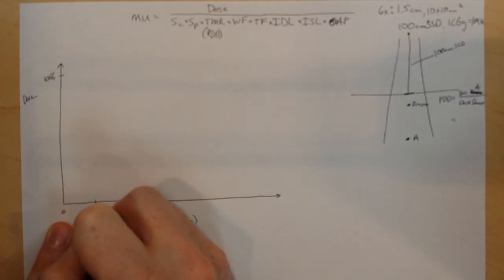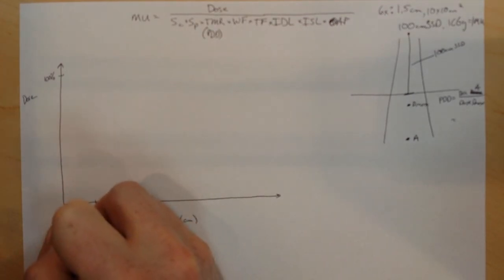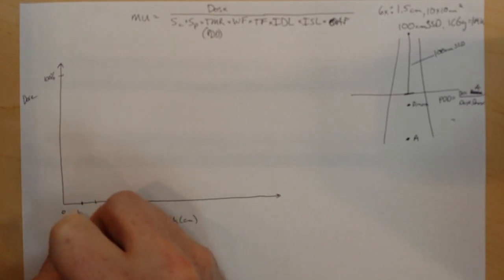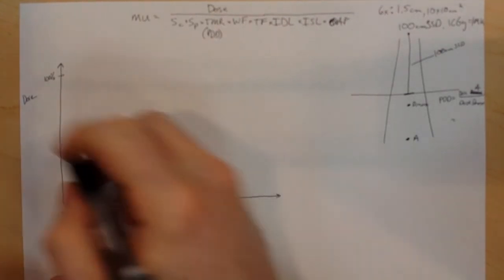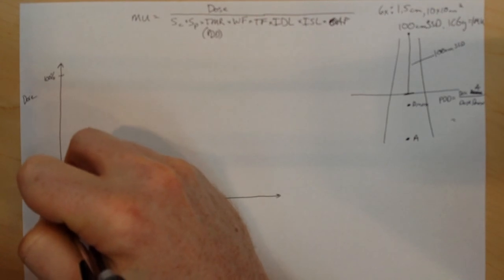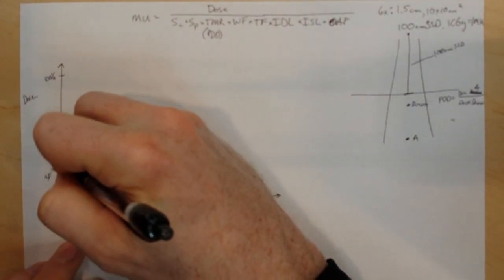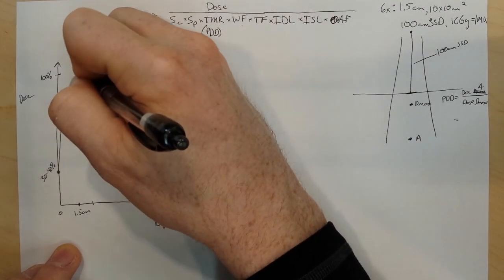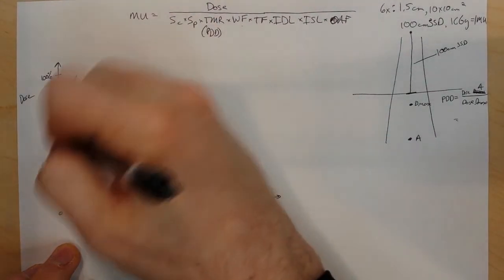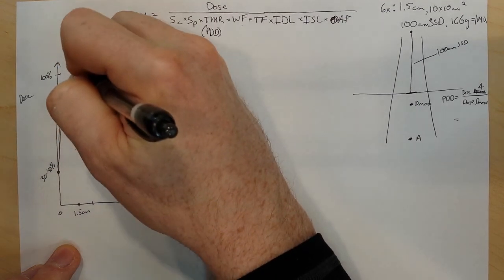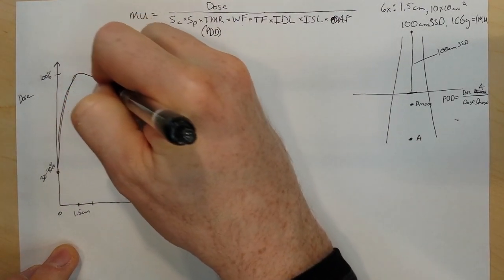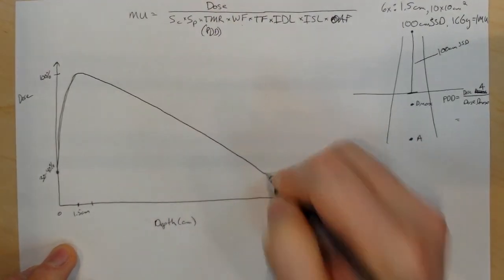Characteristics of the beam are at 1.5 centimeters is Dmax, so we have around a 30% to 40% surface dose for 6X. We get a buildup to a maximum dose at 1.5 centimeters. It peaks and then it begins to taper and fall off in the patient.